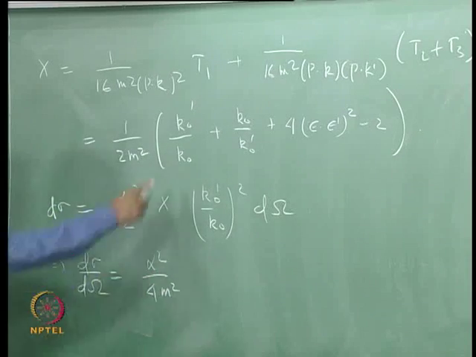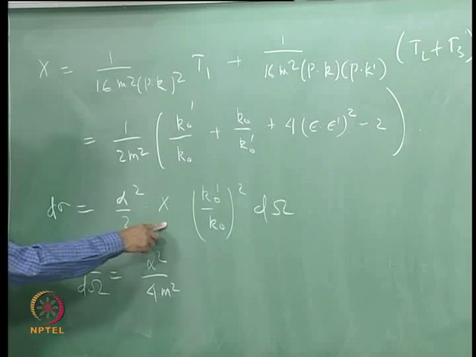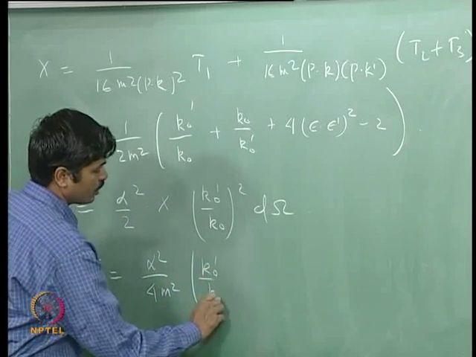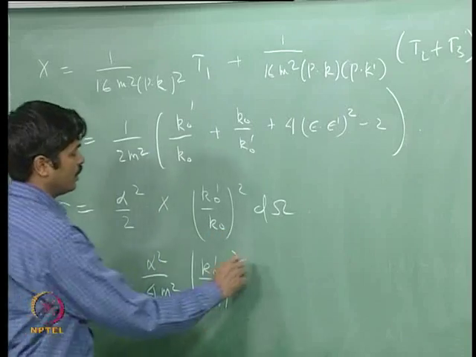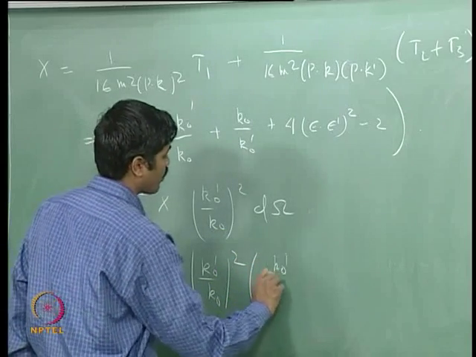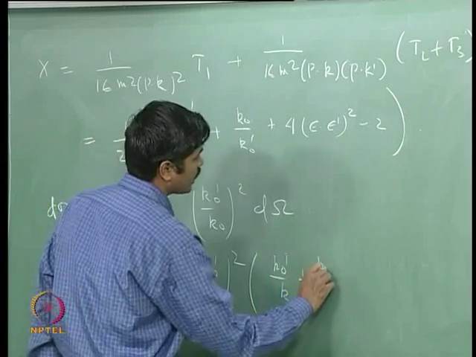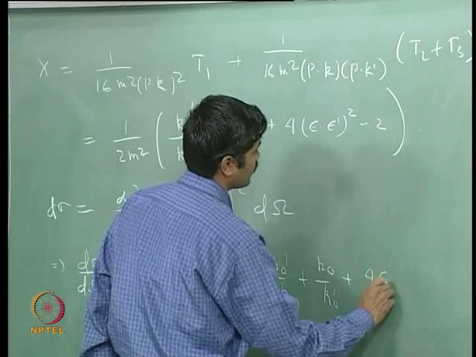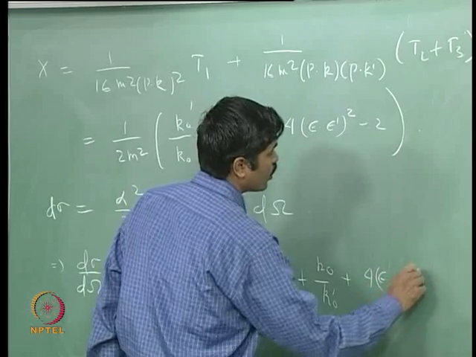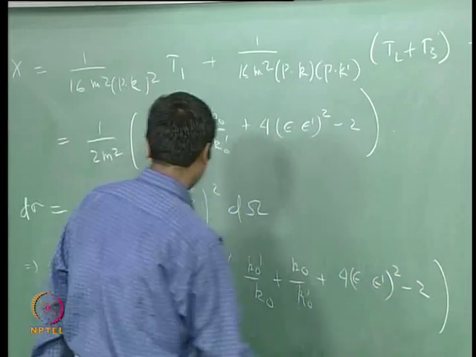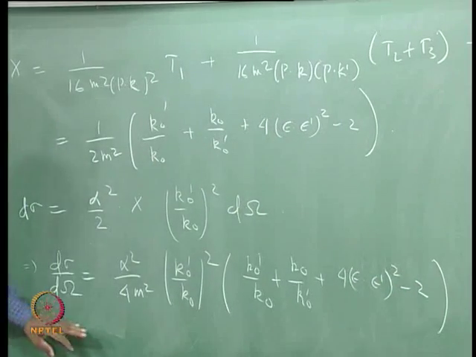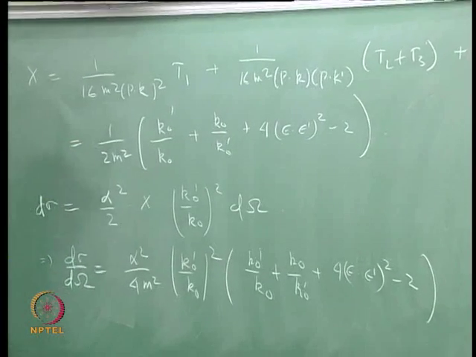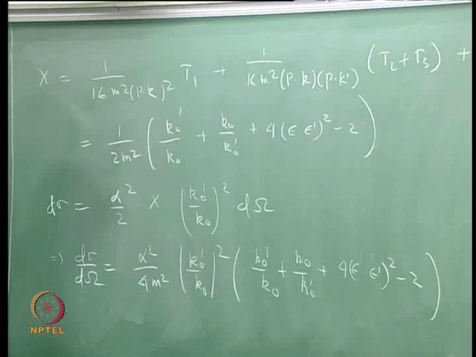I will simply substitute this for x here, then what I get is k0 prime over k0 square times k0 prime over k0 plus k0 over k0 prime plus 4 epsilon dot epsilon prime whole square minus 2. So, this is the expression for the differential scattering cross section that we got after doing the complicated calculation.